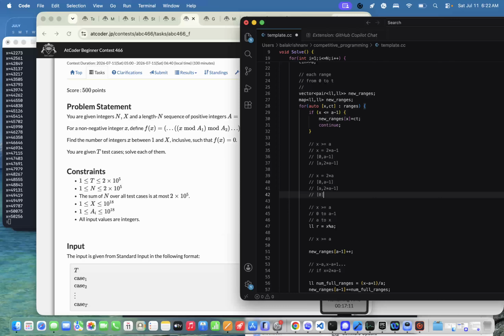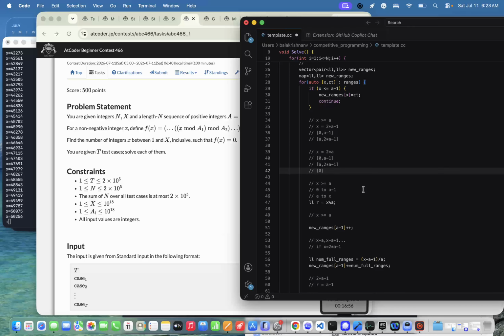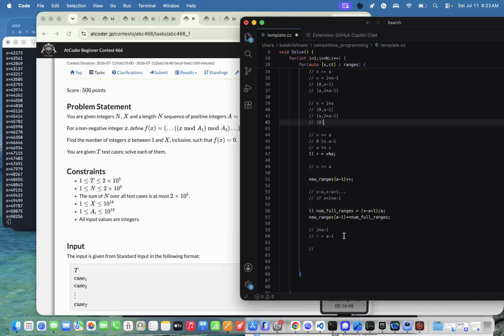It's your remainder. If r plus 1 mod a is not equal to 0, right? Equal to 0.